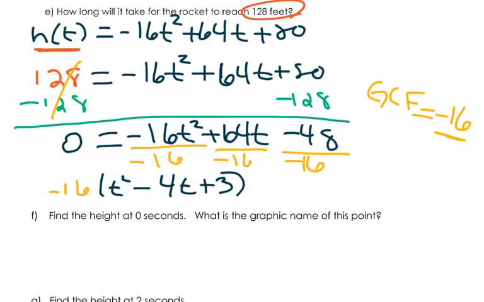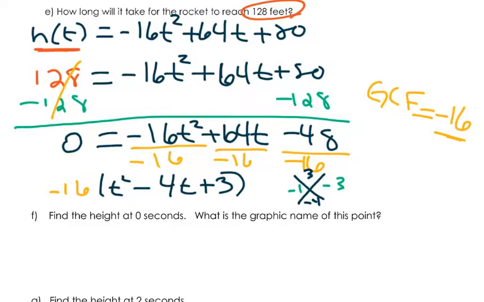And then I could use the Xbox method. And when doing so, I would have 3 on top and negative 4. And the factors here would be negative 1 and negative 3.